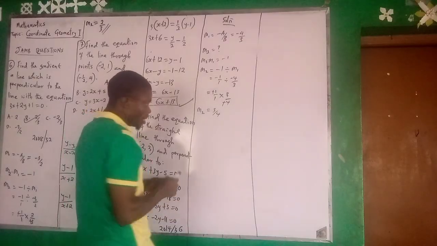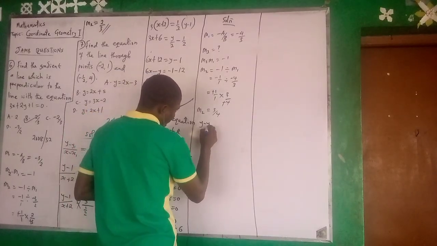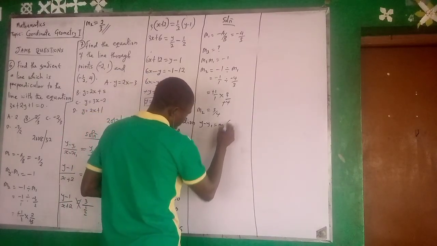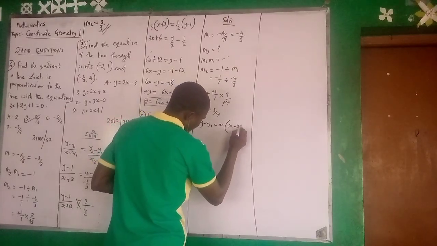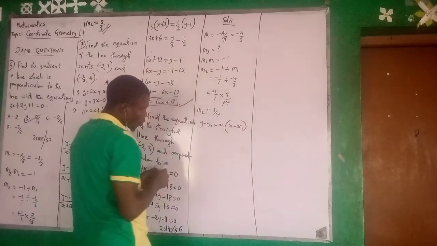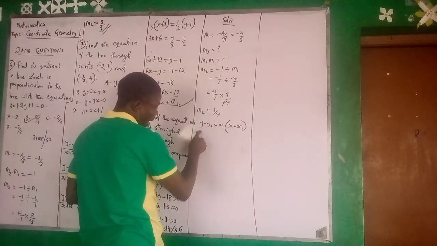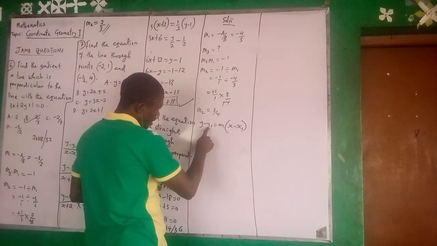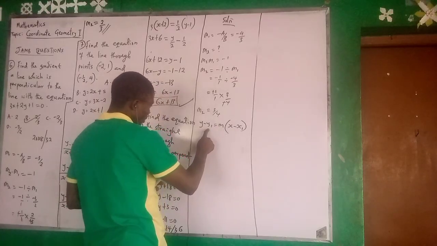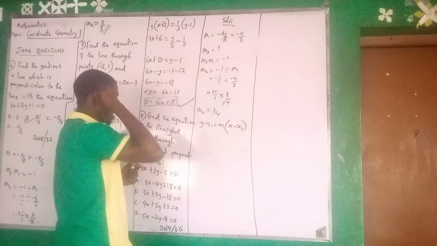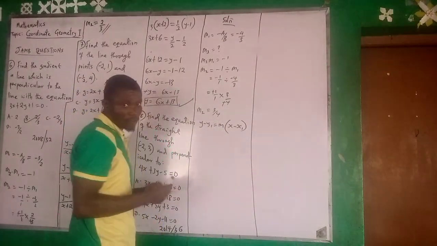Alright, and the equation is y minus y1 equals m times x minus x1, right? Where x and y are the variables, then x1, y1 is the point. Now your slope is this one. Very simple.